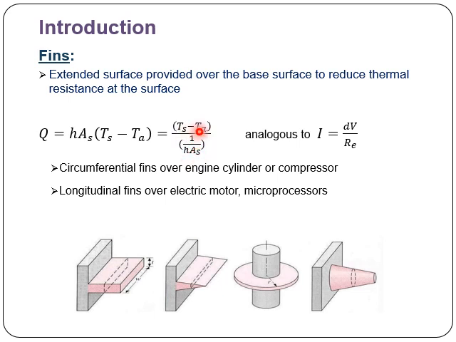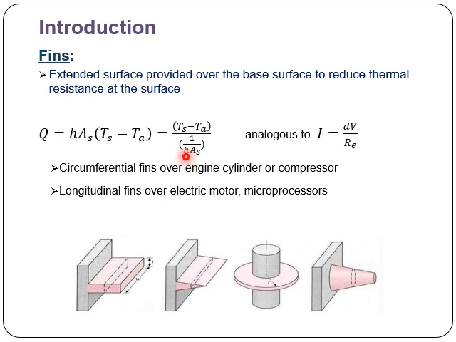Now Ts minus Ta in this case is the surface temperature minus the ambient temperature, where the ambient or the atmosphere can be any fluid like air or water or any other fluid, and the denominator 1 upon hA is 1 upon heat transfer coefficient into area.